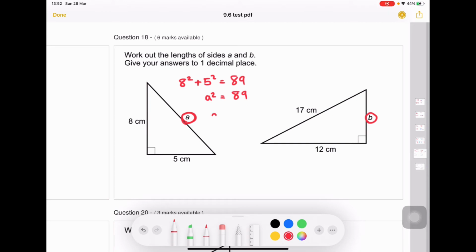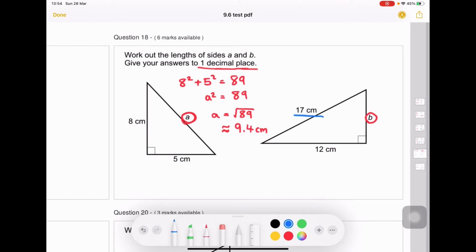So to work out what A is, we need to work out the square root of 89. And it says give your answers to one decimal place. So we type square root of 89 into a calculator. And the answer to one decimal place is 9.4 centimeters.